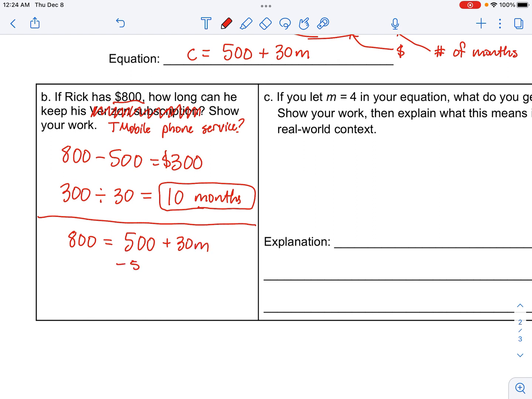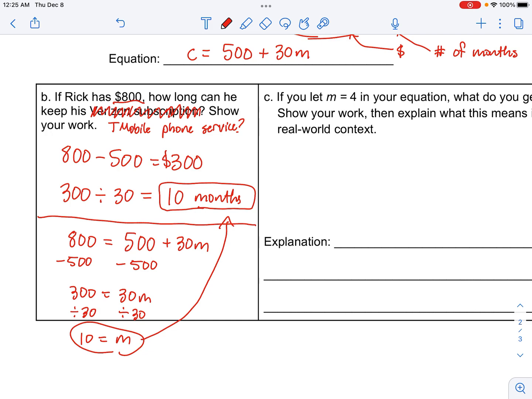I can subtract 500 from both sides to get 300 equals 30m. And I divide both sides by 30 to get 10 equals m, which is what we found up above as well.